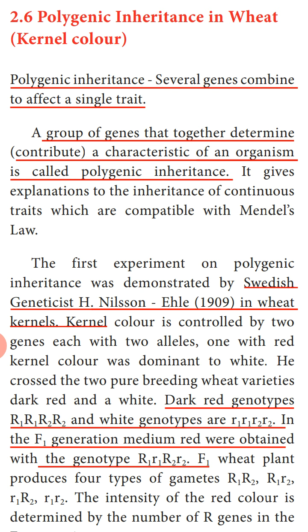In the F1 generation, when the dark red and a white plant were crossed, a medium red color plant was obtained with the genotype of capital R1, small r1, capital R2, small r2. Okay, so the F1 wheat plant produces 4 types of gametes.